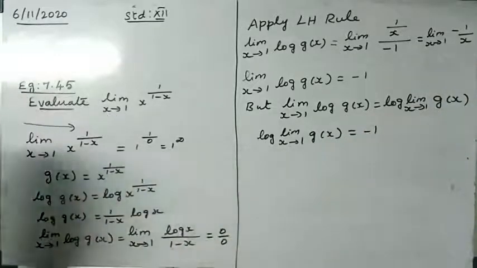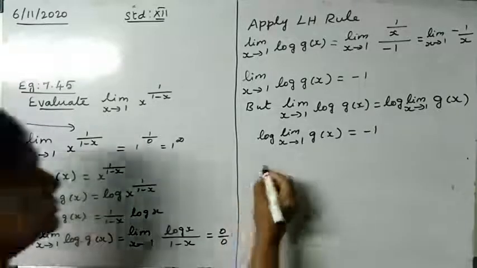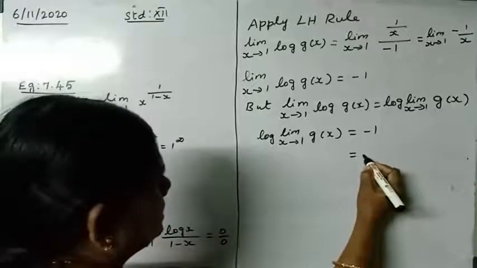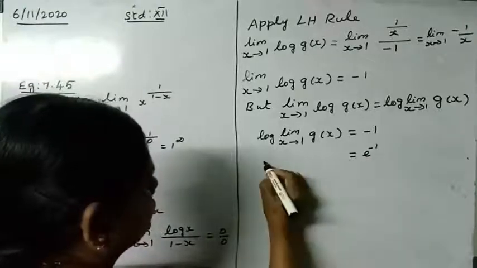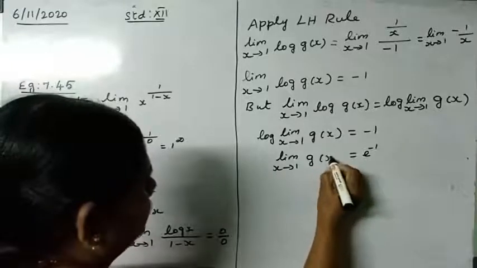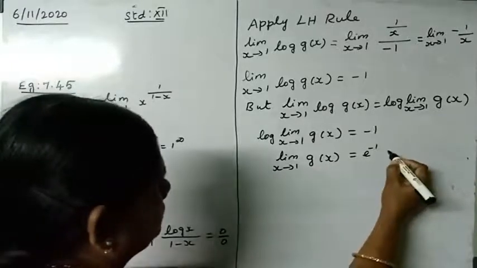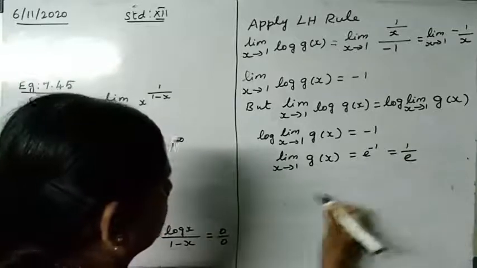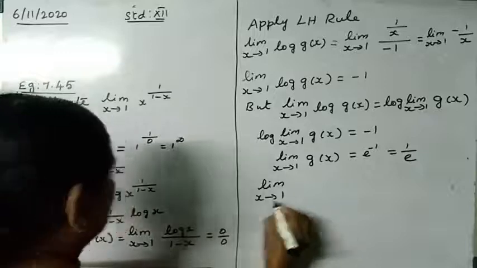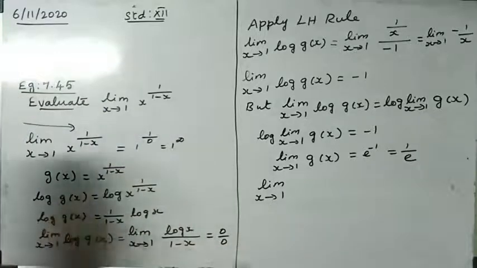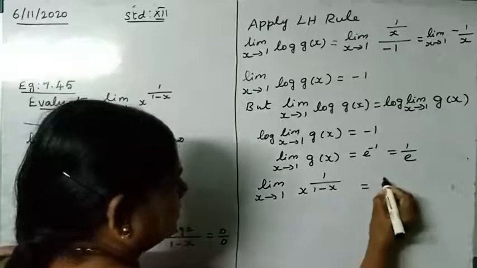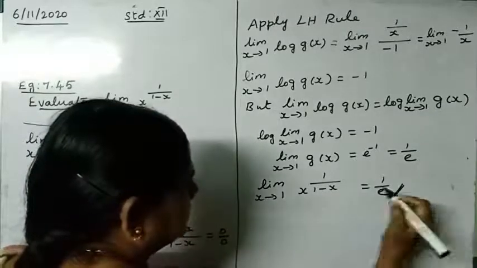Minus 1. So taking the log to exponential form, it is e power minus 1. So limit x tends to 1 g of x is equal to e power minus 1, which can be written as 1 by e. So what is g of x now? Limit x tends to 1, g of x is x power 1 by 1 minus x, which is equal to 1 by e. That is the answer.